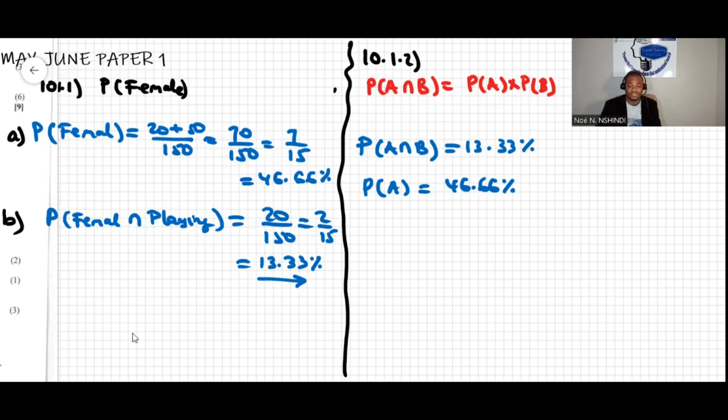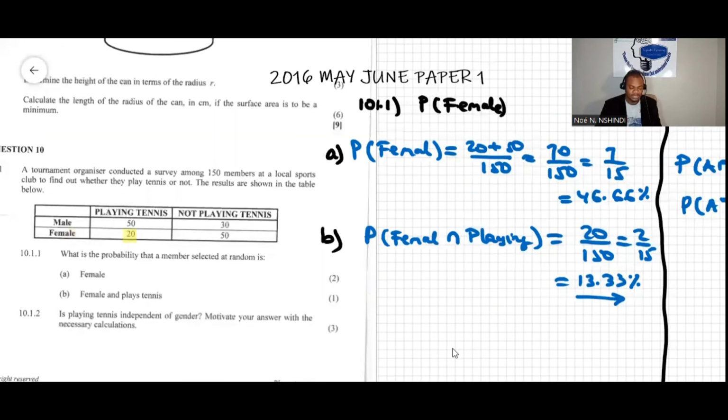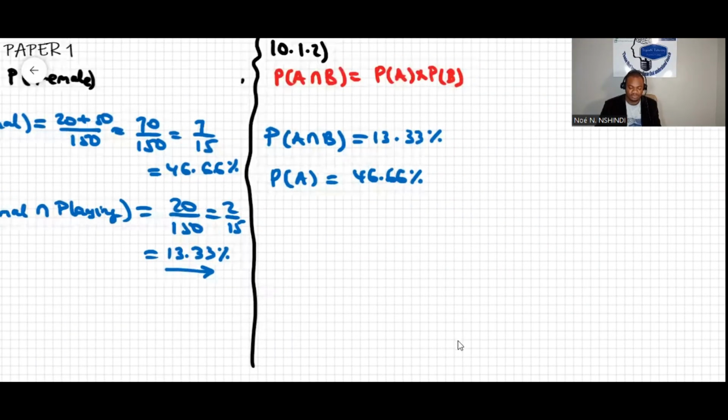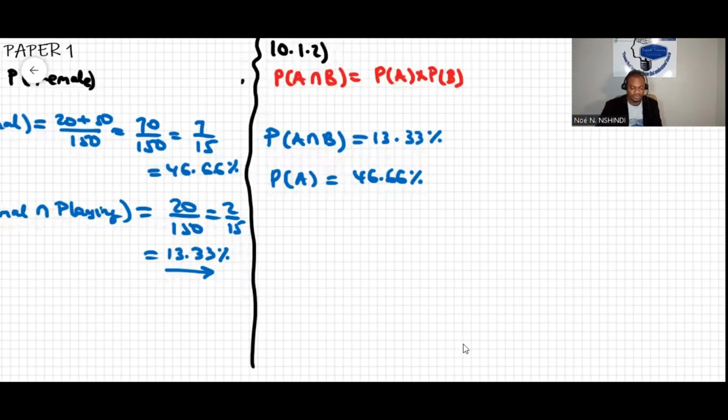Now, the probability of playing tennis: if you look here, how many play tennis? There are also 70, because there are 50 male and 20 female. So the probability of playing tennis, I call it probability of B, is still 46.66%.